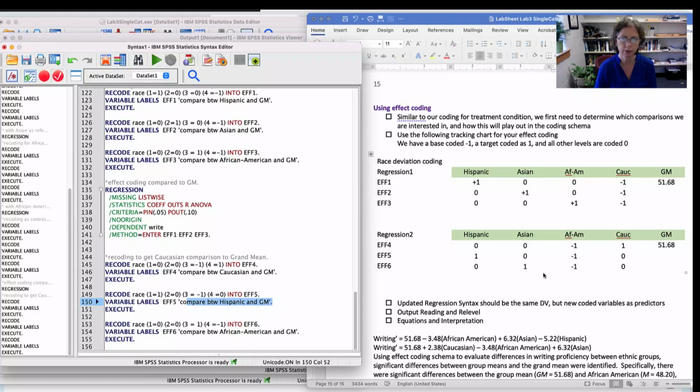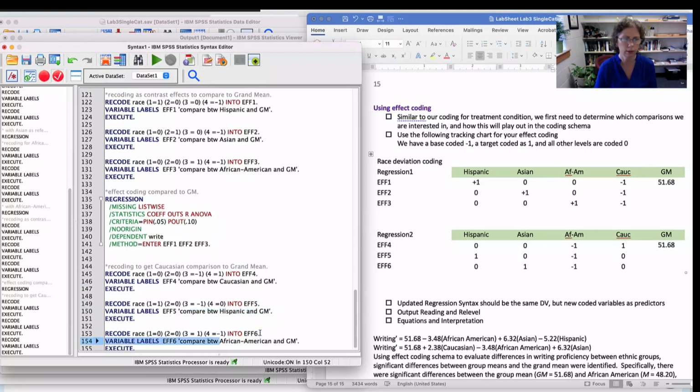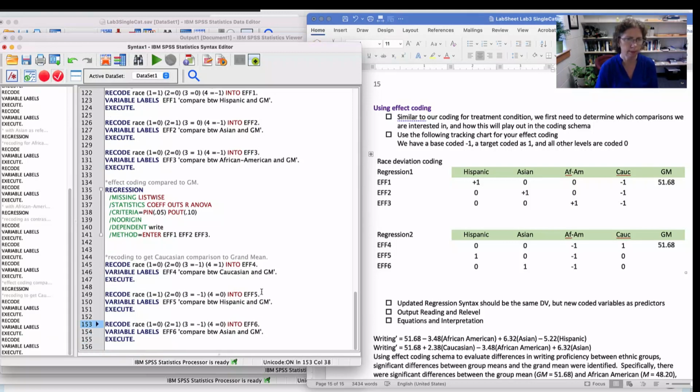And our last one is between Asian and grand mean. And my numbers are 0, 1, -1, 0. Asian gets 1. My base gets -1. And Caucasian not being used gets 0. So I can check it over.